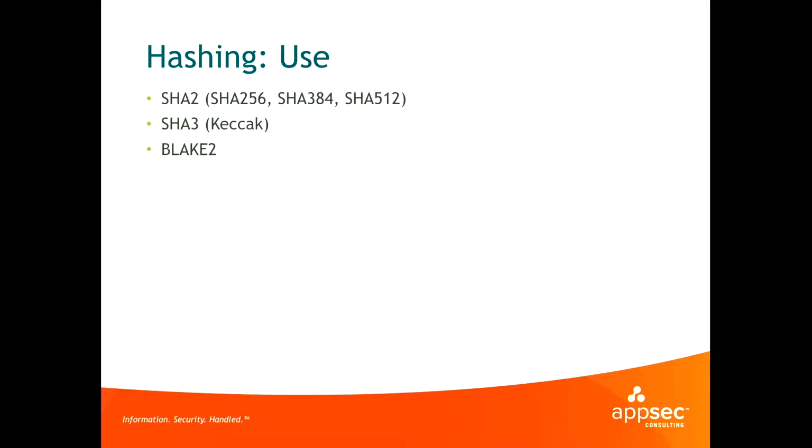Blake 2 is based on one of the entries for that competition. It is actually the best studied of everything that was submitted for SHA-3. With the upside, it's also the fastest. Blake 2 gives you the speed of MD5 with the security of SHA-3. Extremely high speed, extremely flexible.